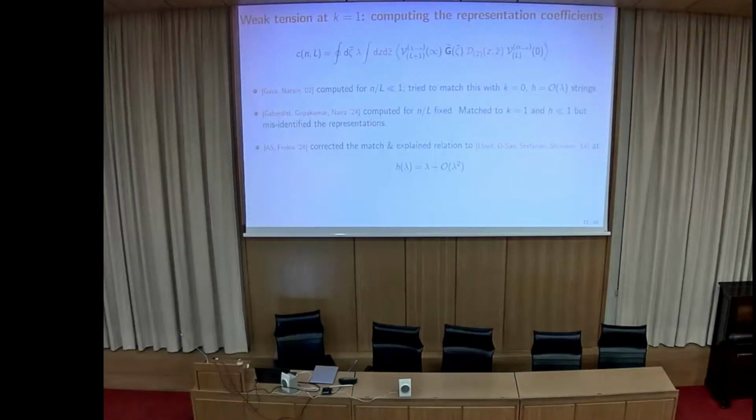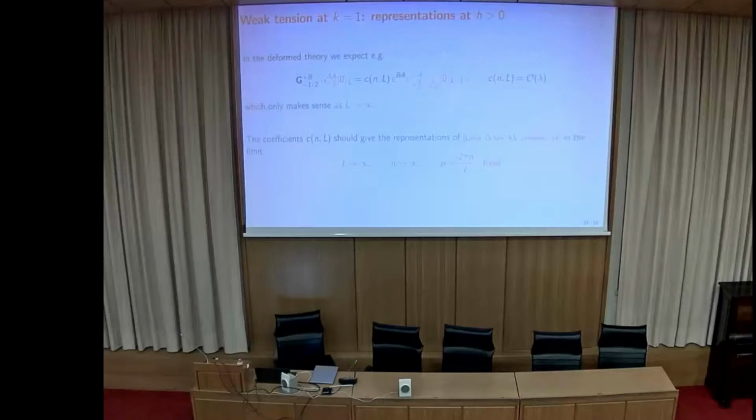But one thing which, in the rush to put out this paper, we didn't immediately realize is that there is actually a puzzle or a problem with this computation, because this central extension is only there if you go up. You needed the total momentum to be non-zero. Otherwise, the same is true here.